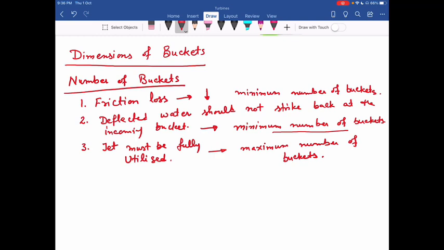So the two earlier factors say we should have a minimum number of buckets, and this factor says we have a maximum number of buckets. So we must have some optimized number of buckets on the runner. That optimized number of buckets is given by one relation that is called Taygun's equation.